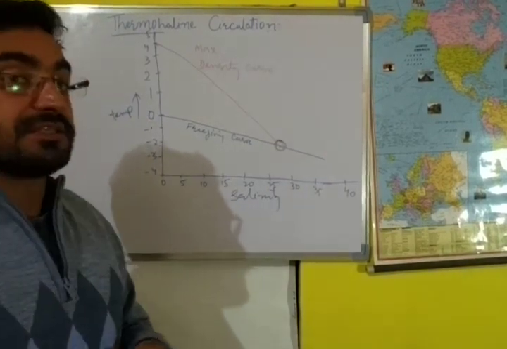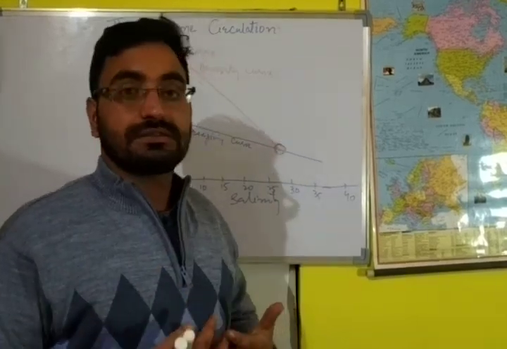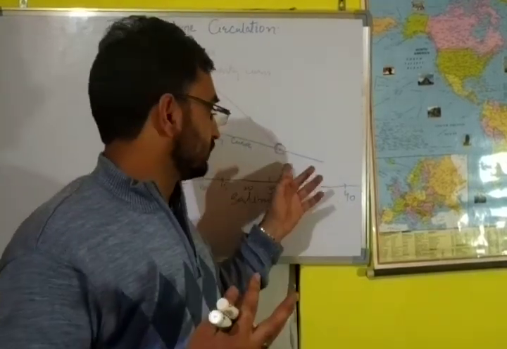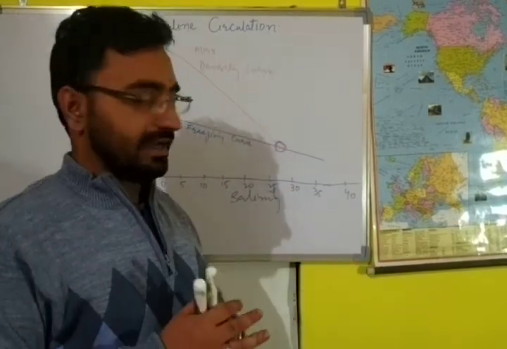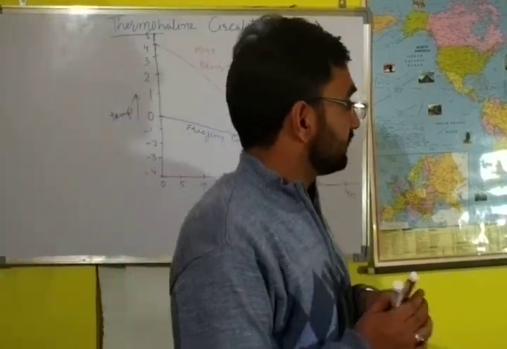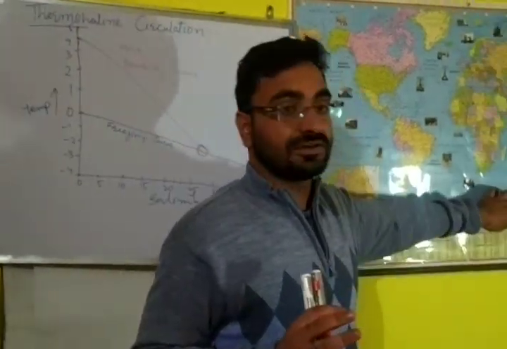So at this temperature we actually start getting the very cold water, which is also denser, and then it sinks. So there is actually brutal cooling at the southern ocean.